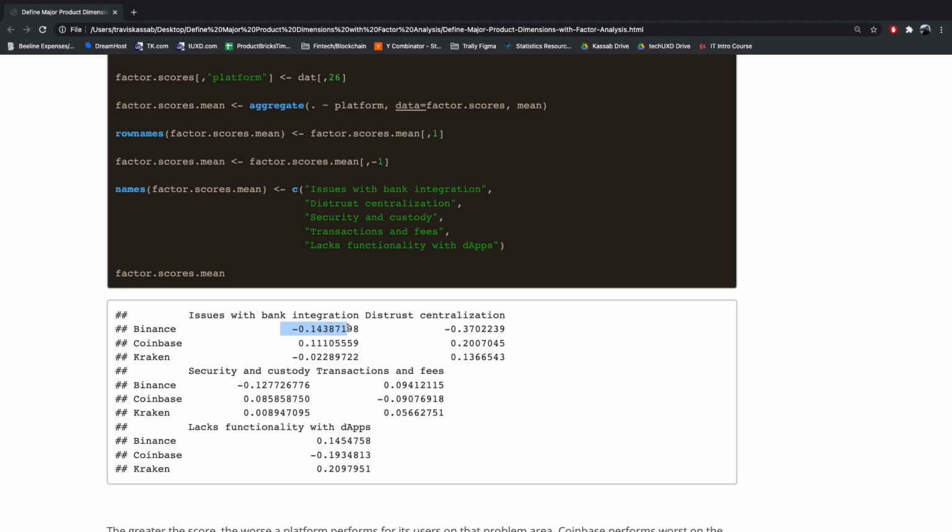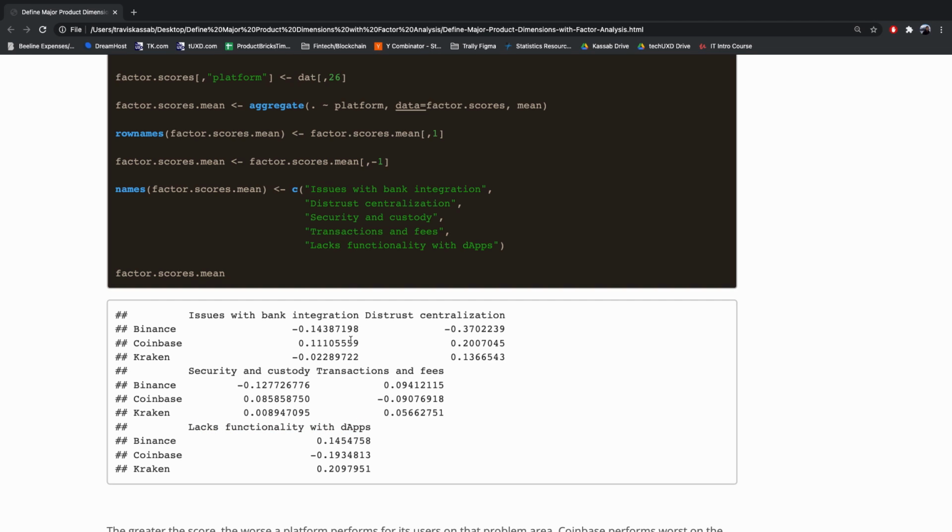So here are the averaged factor scores, and then I renamed the factors, instead of 5 factors, to the 5 major problem areas that I interpreted above: issues with bank integration, distrust of centralization, security and custody, transaction fees, and lacks functionality with DApps.